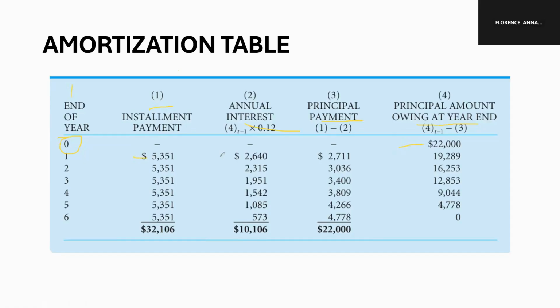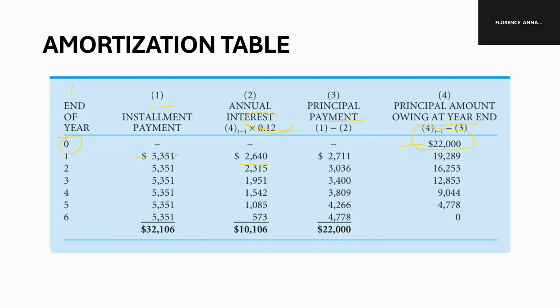And how much is the interest? That is 12% times $22,000 na balance at the end of the period. How much is that? You'll get $2,640.